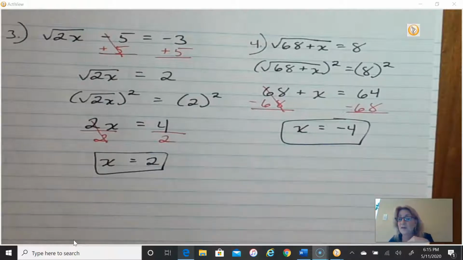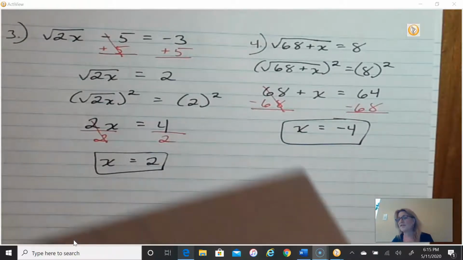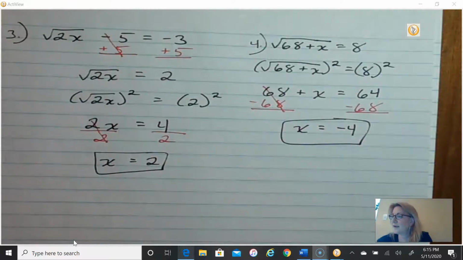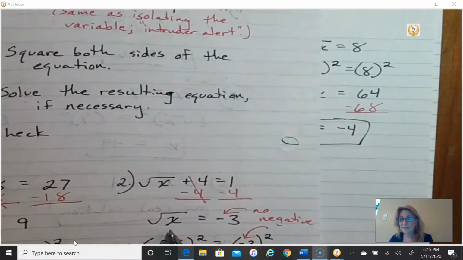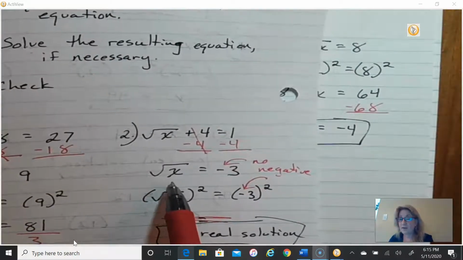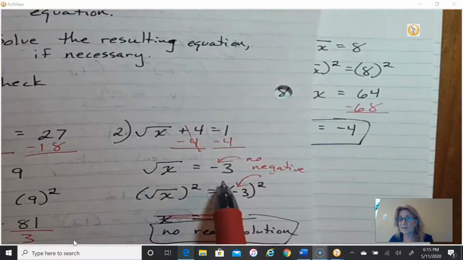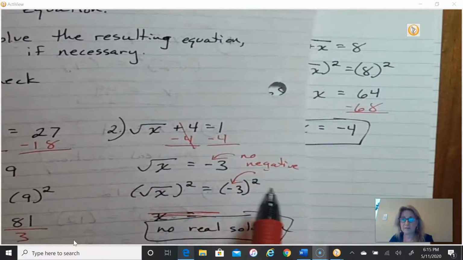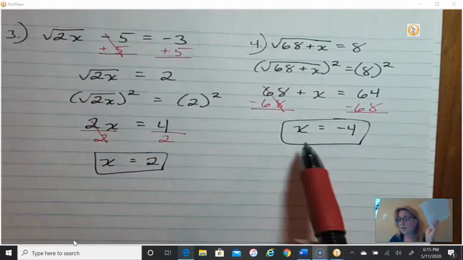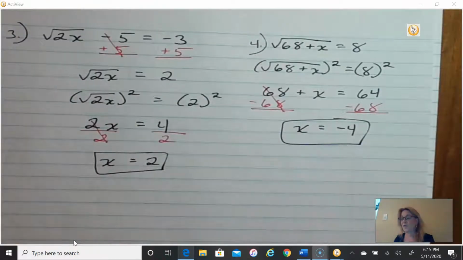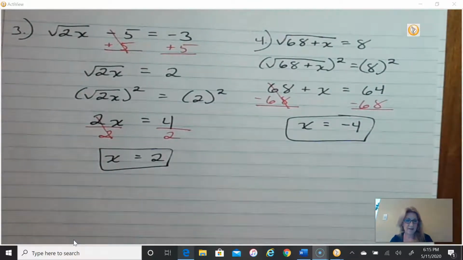Do y'all see the difference? Make sure you notice that. Again, this radical x, the square root of x equals negative 3. That's a no-no. No real solution. But regular x equals negative 4 is okay. You can do that.